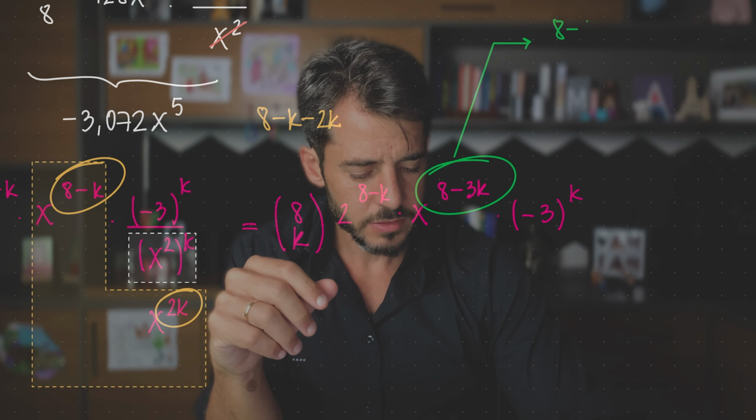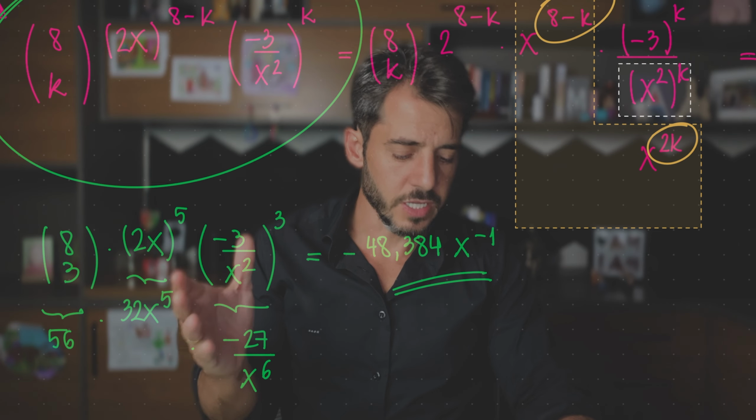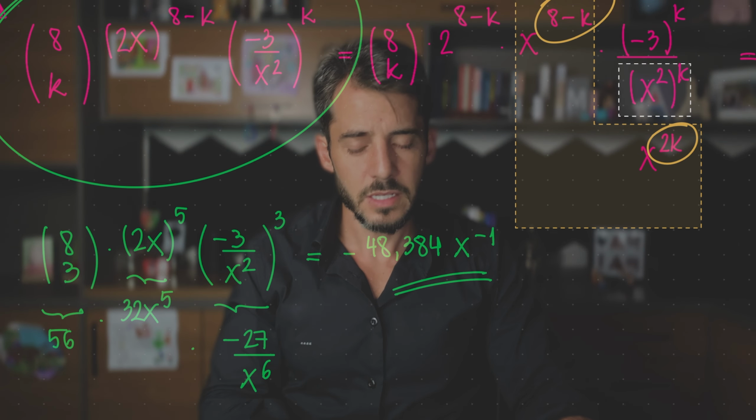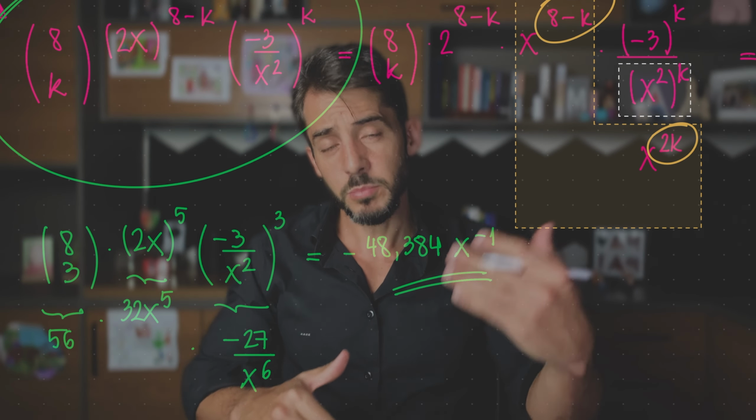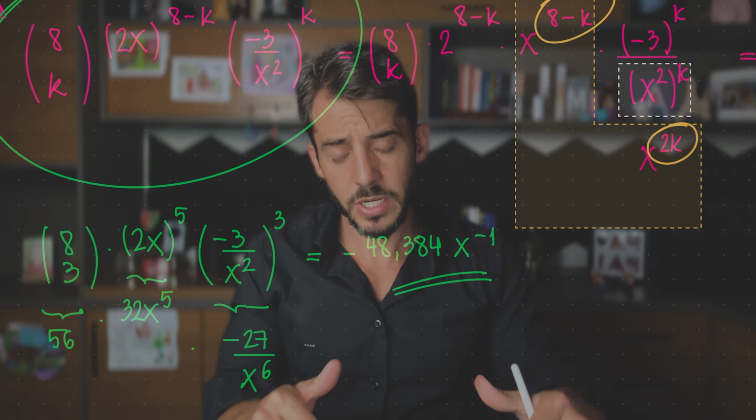When we multiply all of these, we get negative 48,384 x to the negative 1, or negative 48,384 over x. Now remember, this is not matching the previous answer because right now we're finding a different term, one that has x to the negative 1. Alright, so let's jump to the next exercise.